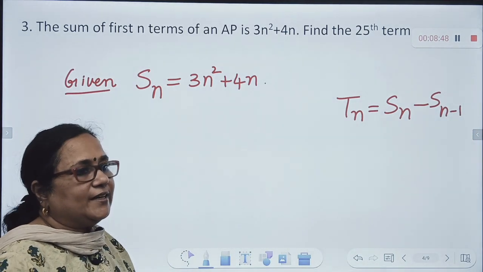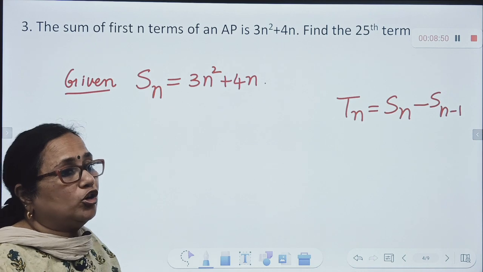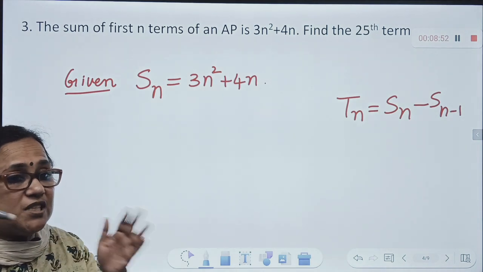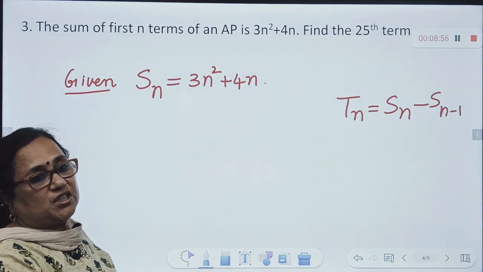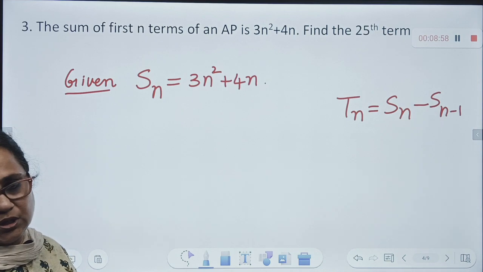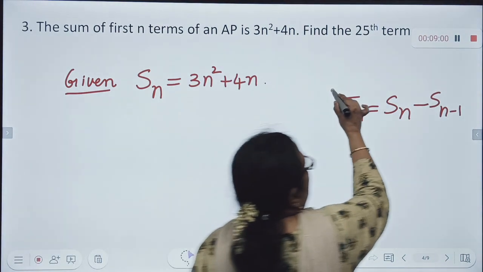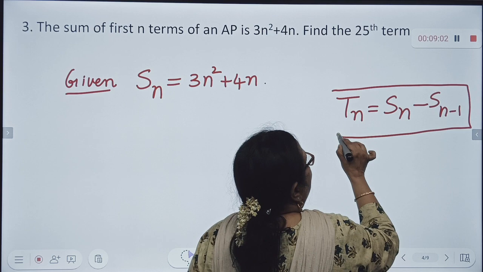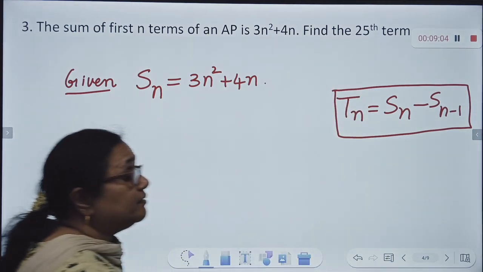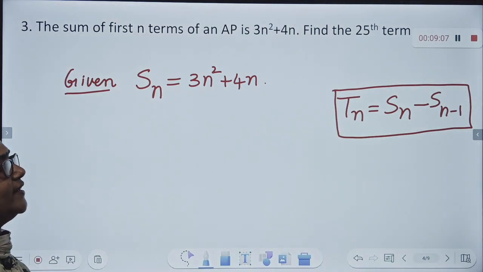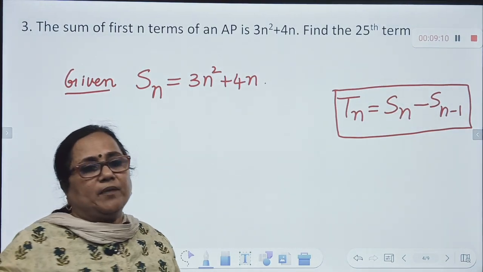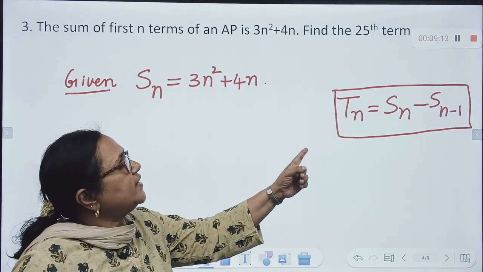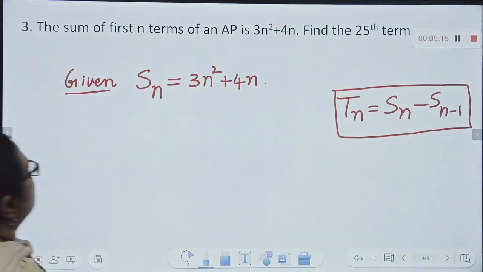Suppose I want to find the fourth term. Find the sum up to the fourth term, subtract the sum up to the first three terms, then I will get the fourth term. So this is the general rule connecting sum of n terms and the nth term. So Tn is Sn minus Sn minus 1.